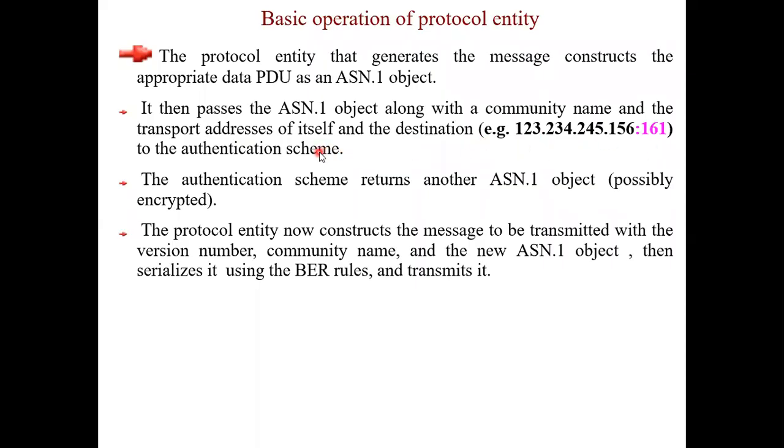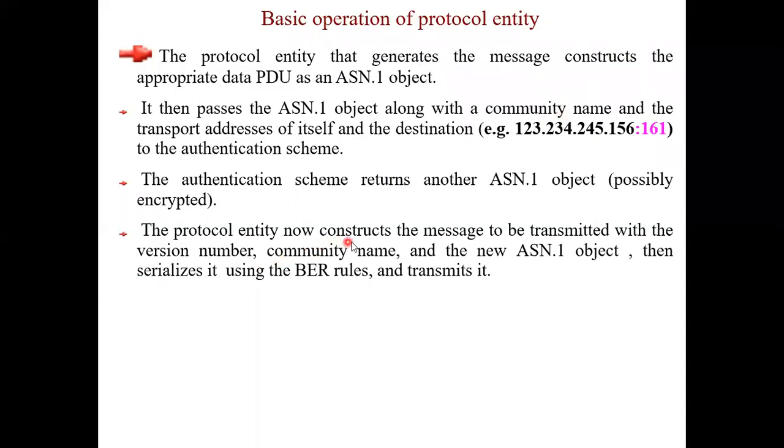Okay, and then it goes to the authentication scheme. The authentication scheme returns another ASN1 object, possibly encrypted, but nothing much is given over here because we have only those 5 commands. And we are taking care of security or access using the community name, or you can say community profile.